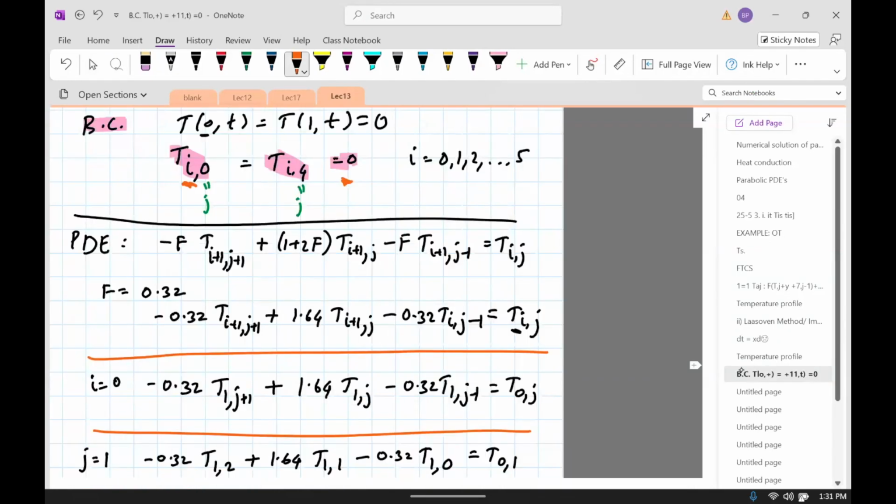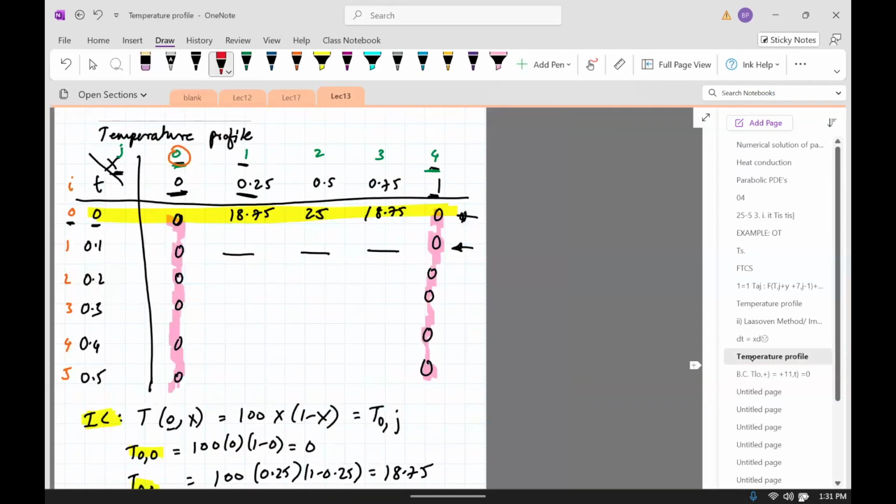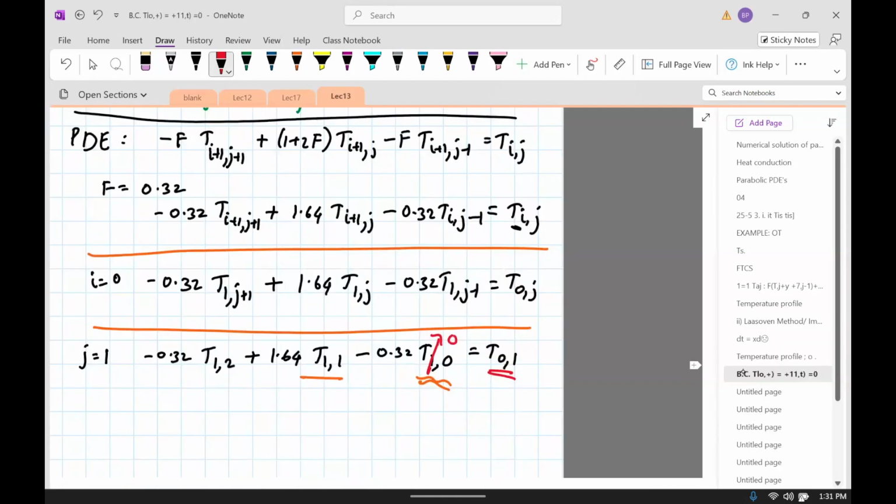So this is going to be 0. And then 0,1 is usually known. Everything at the previous time index is known. So 0,1, if you go back here, is 18.75. So we know that.